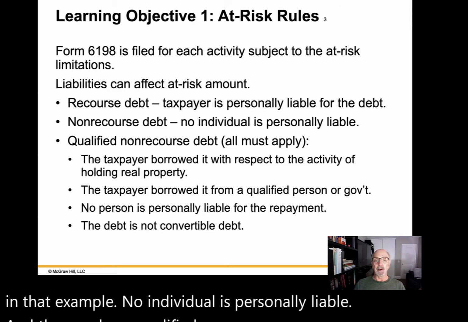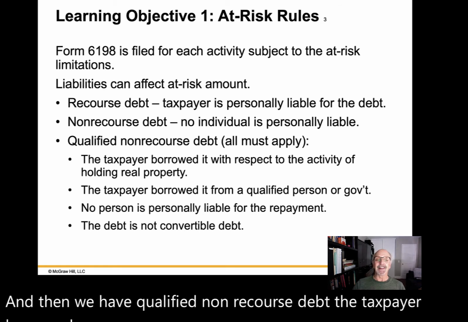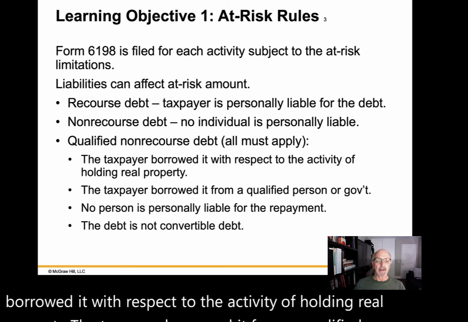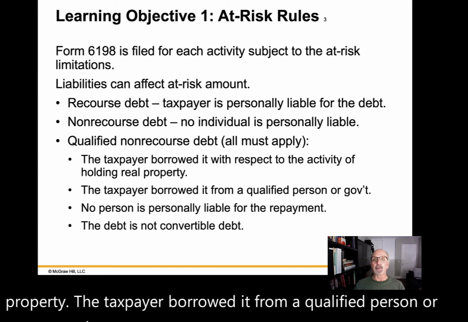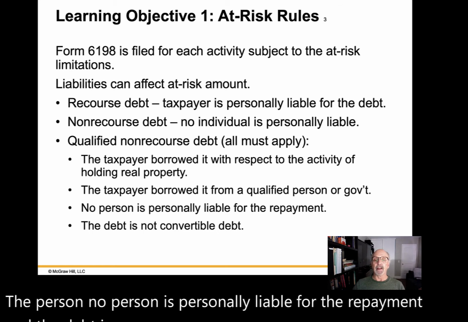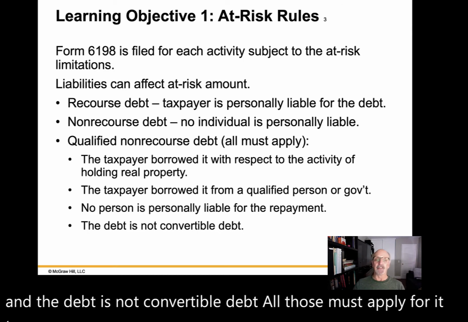The taxpayer borrowed it with respect to the activity of holding real property. The taxpayer borrowed it from a qualified person or government. No person is personally liable for the repayment, and the debt is not convertible debt. All those must apply for it to qualify as a qualified non-recourse debt.